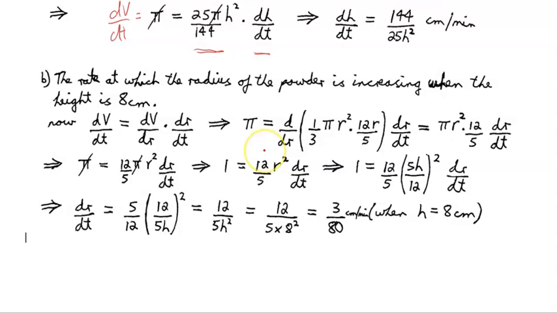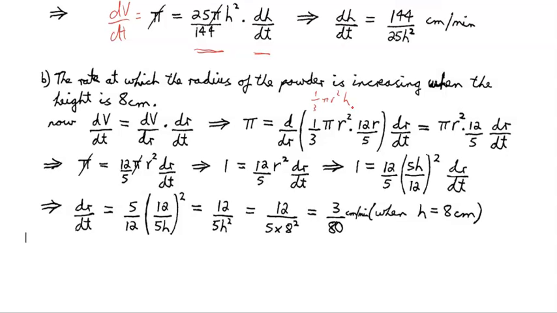We know dV/dt is pi from earlier, and for the volume we want d/dr of that, which is 1/3 pi r squared times 12r on 5, because remember the volume was 1/3 pi r squared times the height.